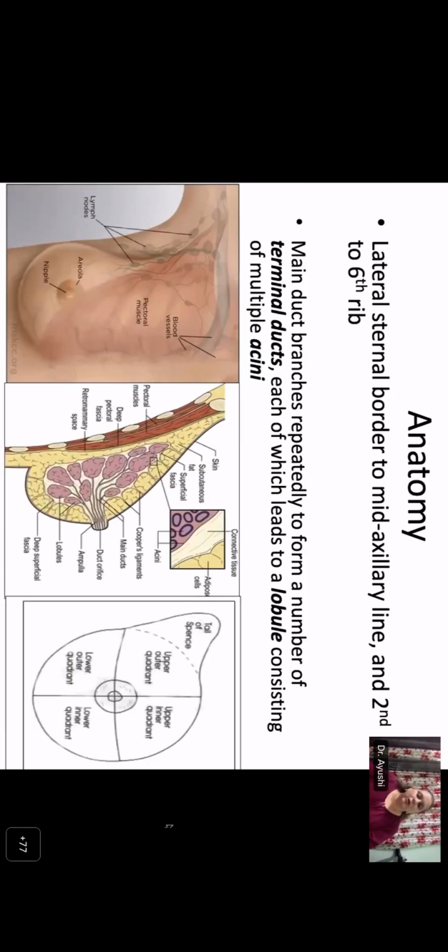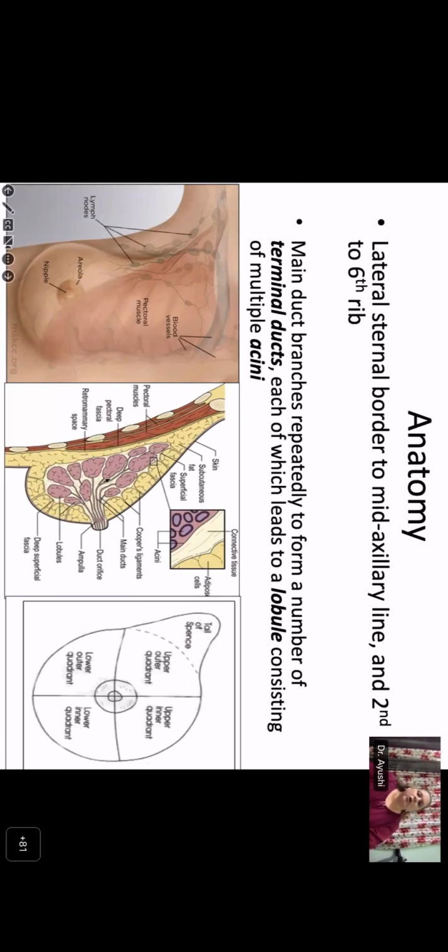Now, breast, as we all know, is a modified apocrine gland which lies from the lateral sternal border to the mid-axillary line from the second to the sixth rib, and it is composed of main duct branches which repeatedly divide to form a number of terminal ducts, each of which ends in a lobule which contains multiple acini.